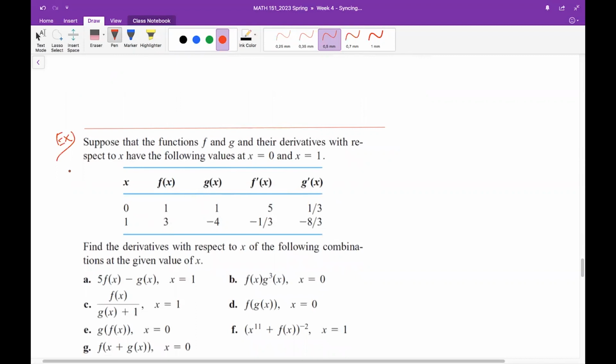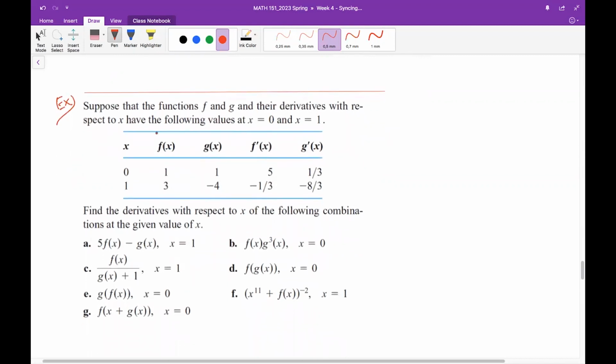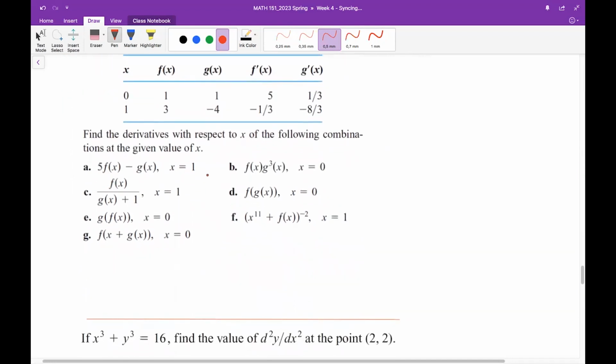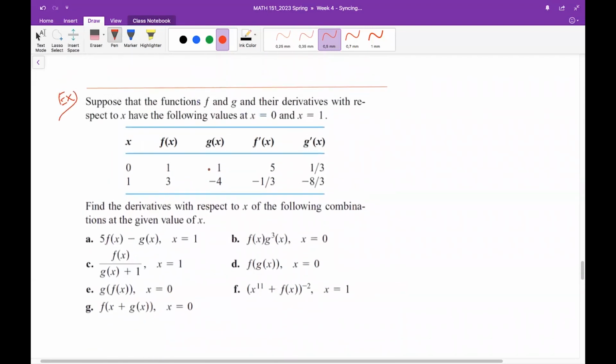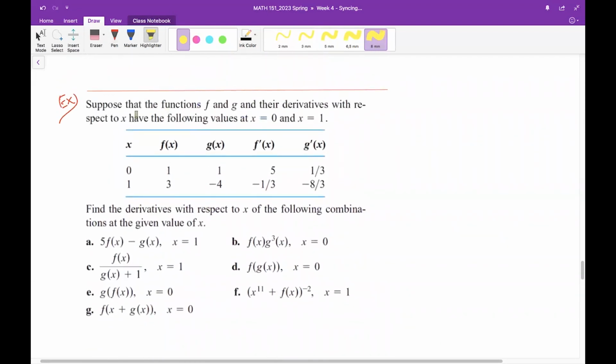Sometimes they give us such tables and then want us to use the values from these tables for computing some derivatives. Let me show you one of them. So the question is, find derivatives with respect to X of the following combinations.